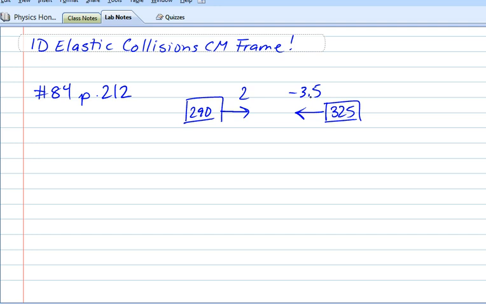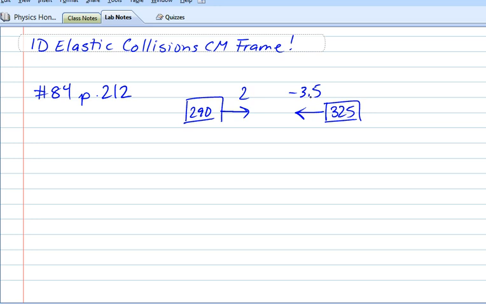So this is an elastic collision. We had just an absolute ton of algebra, and then we finally came up with our answer after, well, when I worked through it, it took me about 25 minutes. So this method that I'm going to show you will take you about 2 minutes.